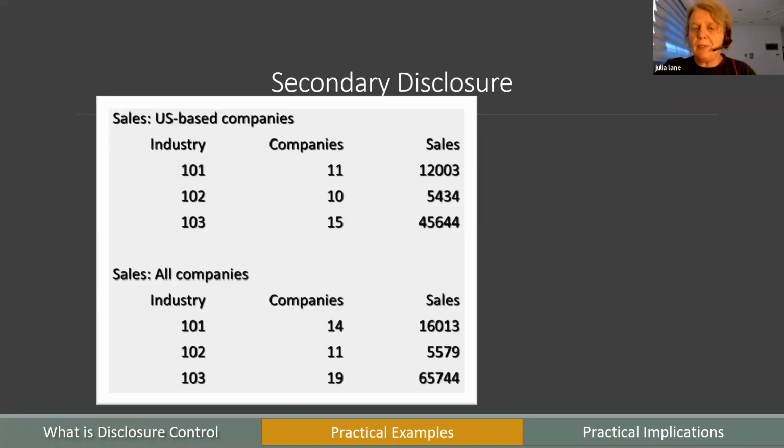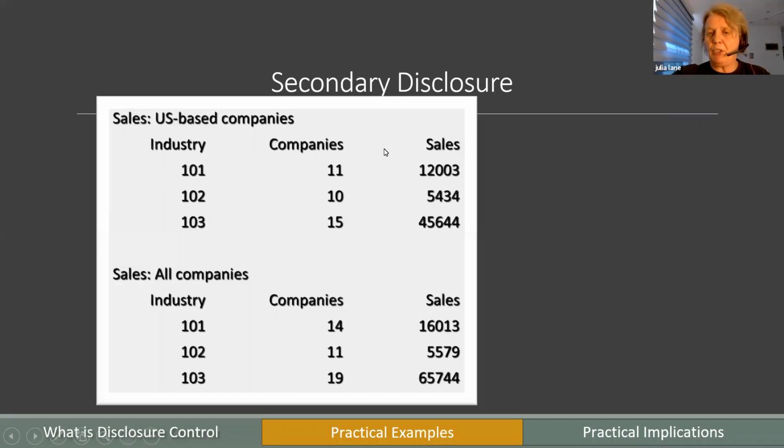What do we mean by secondary disclosure? What we mean here is that when 2 tables are presented, you can infer something about a company by just doing a difference between the 2 tables that have been released.